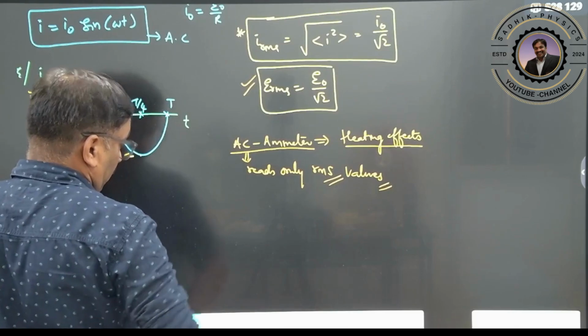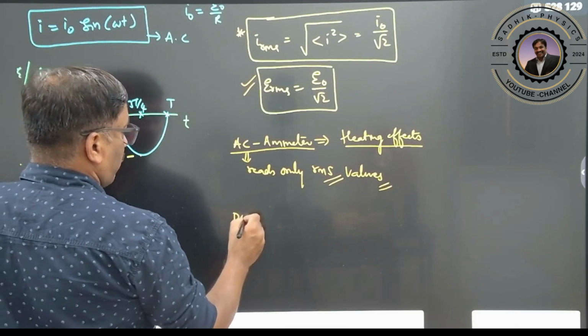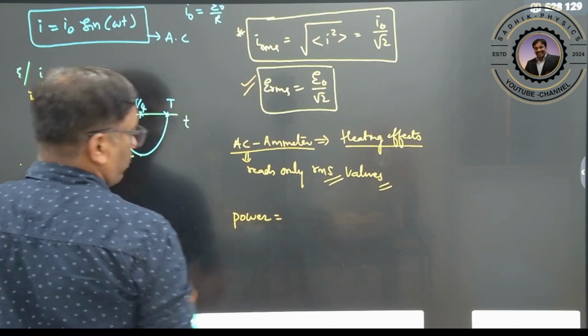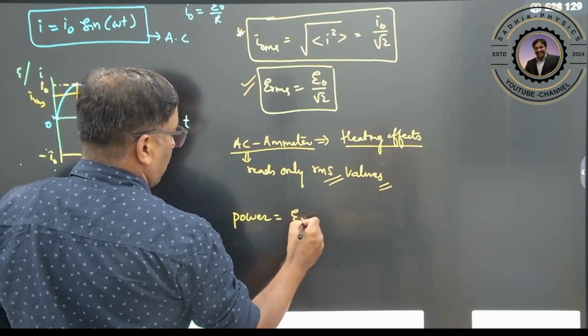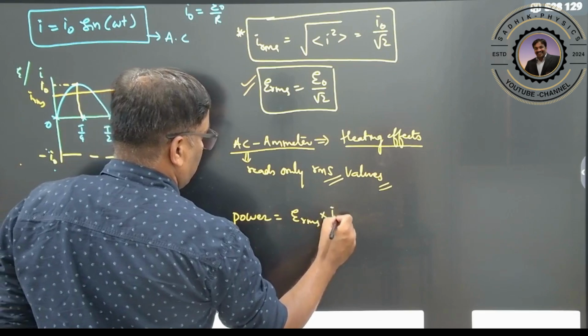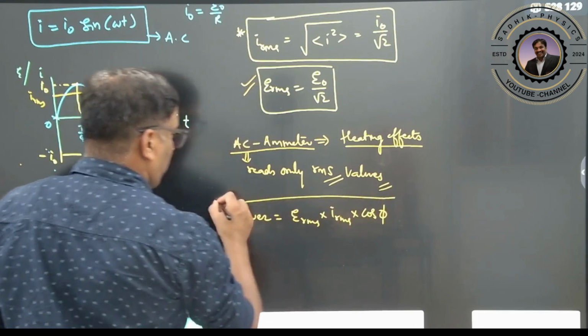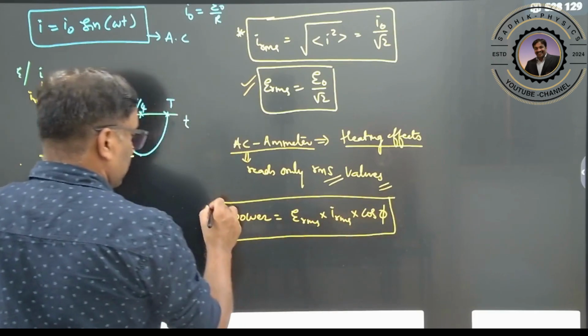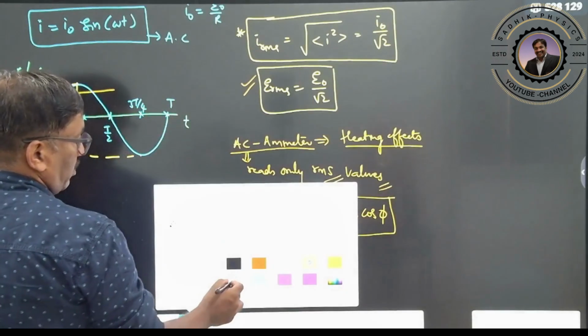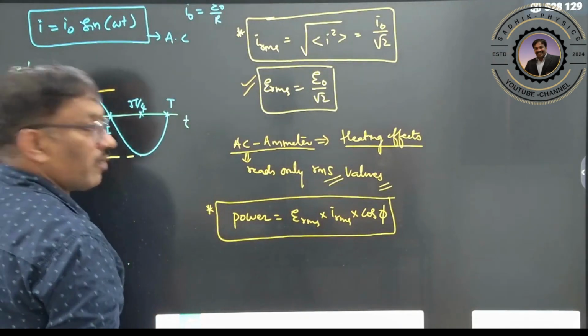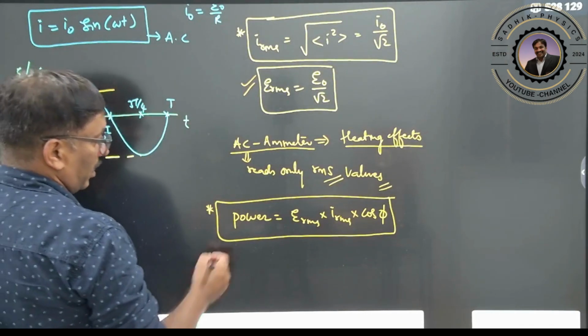Now what is the power? Power is nothing but E RMS into I RMS into cos phi, where cos phi is the power factor. In this way we can calculate the power associated with the alternating voltage.